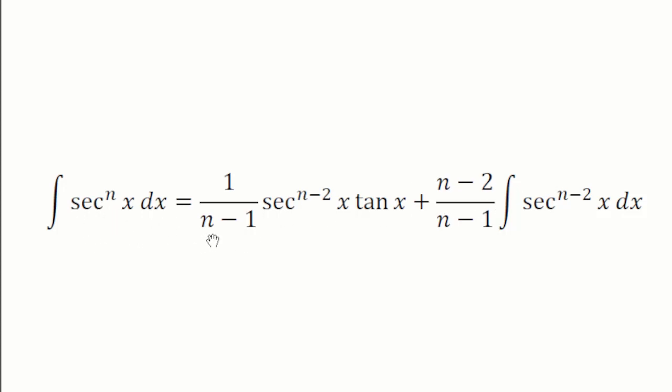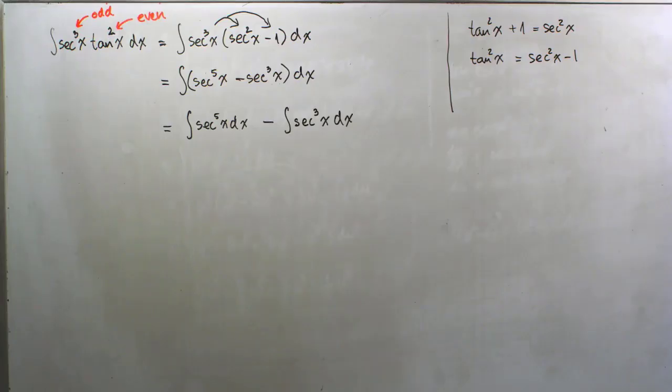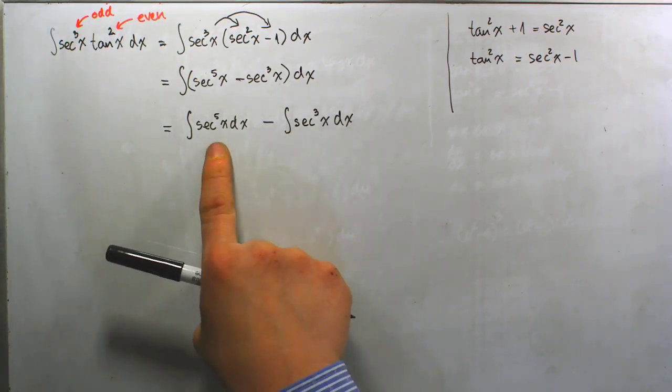All right, so right now we have the power reduction formula for secant, which we can apply provided that the power n for secant is greater than or equal to 2. I'm going to use the power reduction first on this higher power.